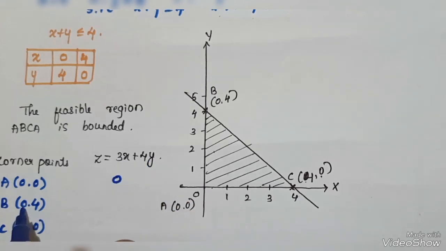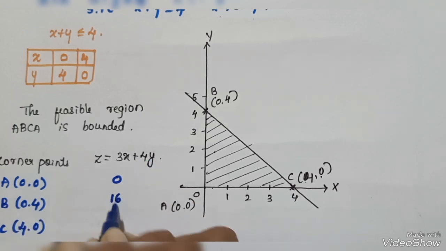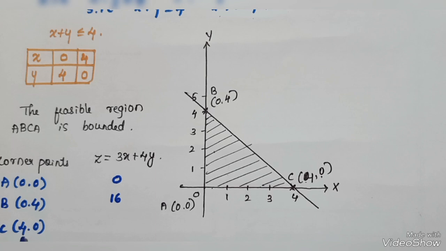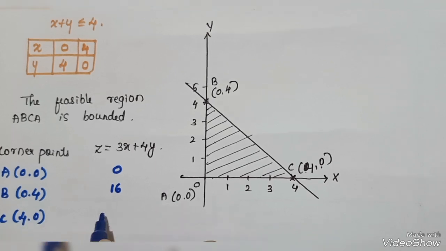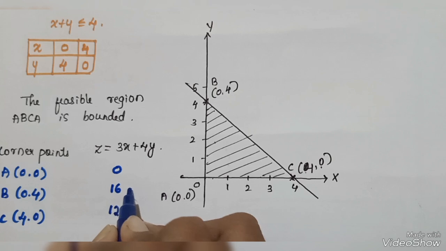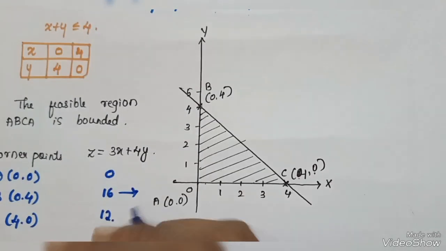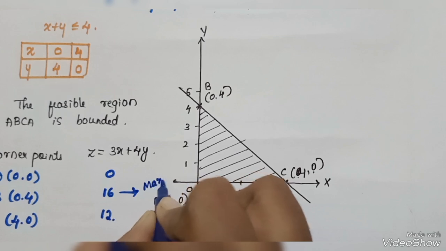Again put x equals 0, y equals 4: 4 into 4 is 16. Then put x equals 4 and y equals 0: we get 4 into 3 is 12. This is maximum because they given maximize, so it is maximum.